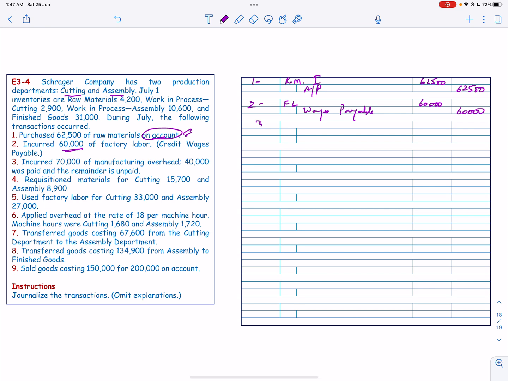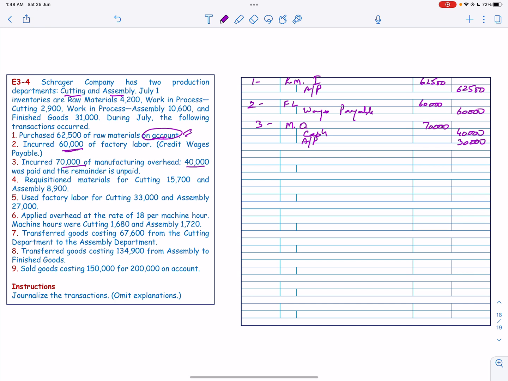Then for number 3, incurred 70,000 of manufacturing overhead. So manufacturing overhead is debit by 70,000 and 40,000 was paid in cash, so cash is credited by 40,000 and accounts payable is credited by 30,000.